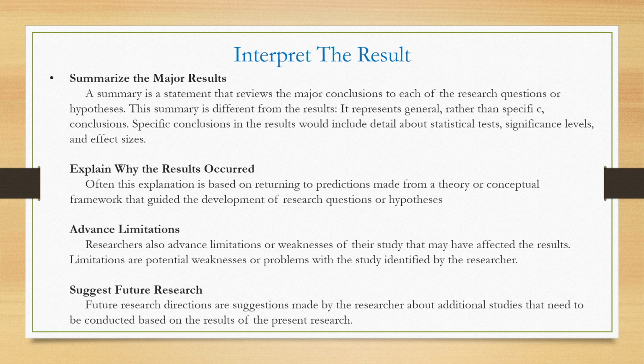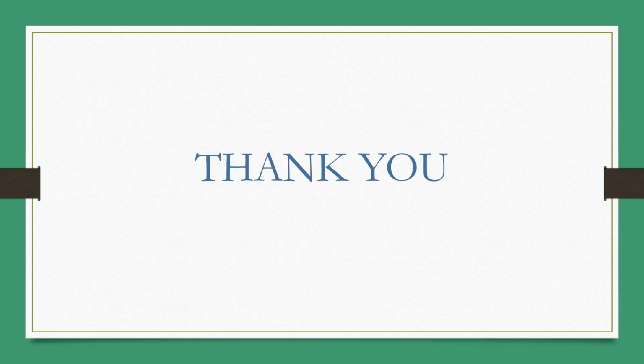Limitations are potential weaknesses or problems with the study identified by the researchers. 4. Suggest future research. Future research directions are suggestions made by the researcher about additional studies that need to be conducted based on the result of the present research.